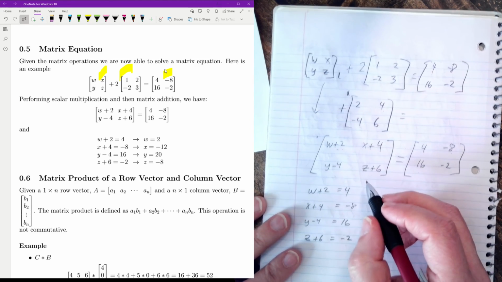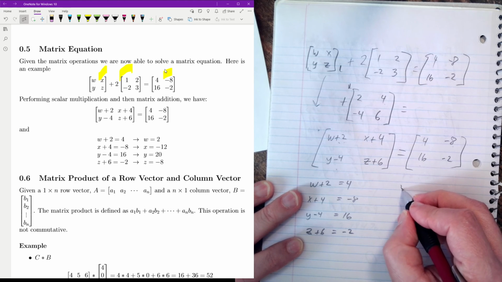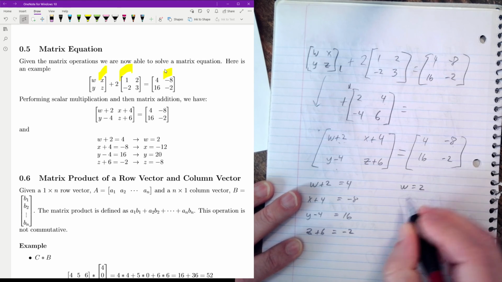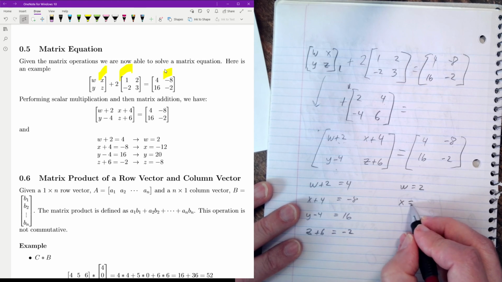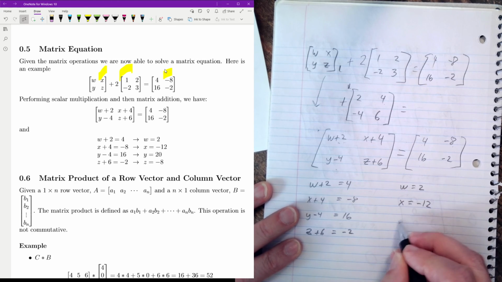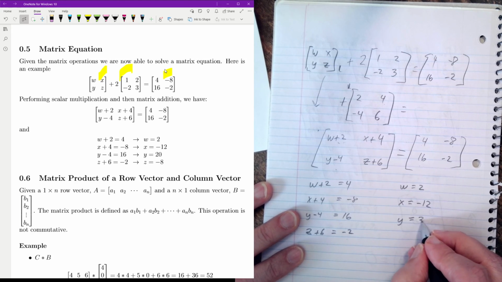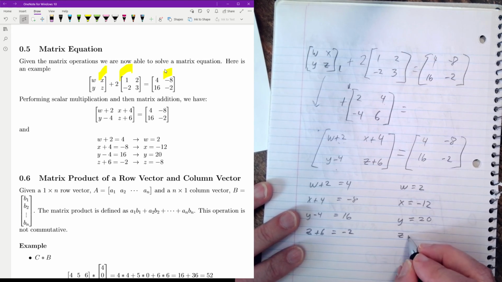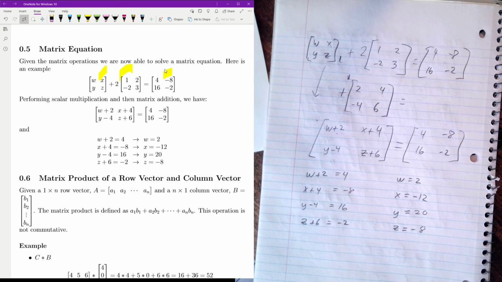And then we just solve for our unknowns. In this case, we have W equals 2, X equals minus 12, Y equals 20, and Z equals minus 8. We'll cover matrix product, etc. in the next lecture. Thank you much.